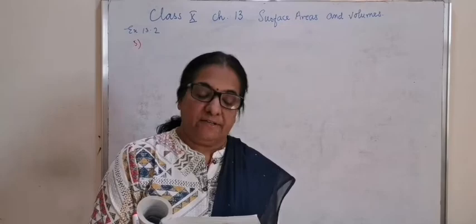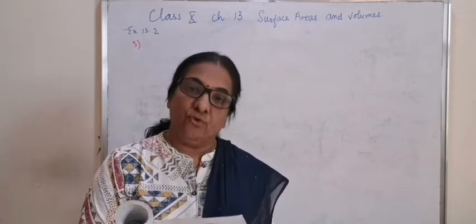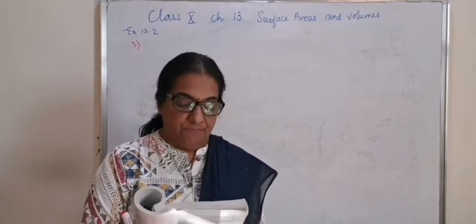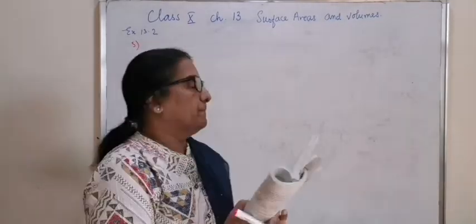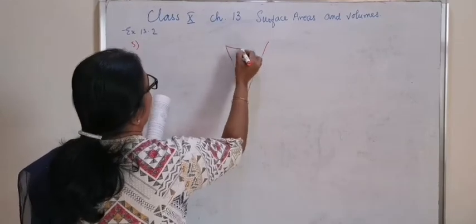Question number 5. Mark it as a very important question, as a 4-mark question. It can be directly asked with the same numerical values. A vessel is in the form of an inverted cone.